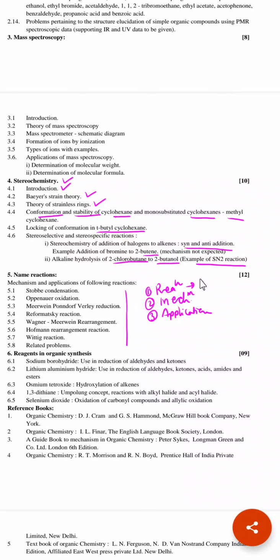In reactions, general as well as specific reactions are expected from us.